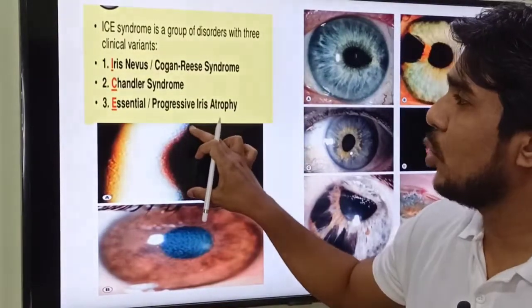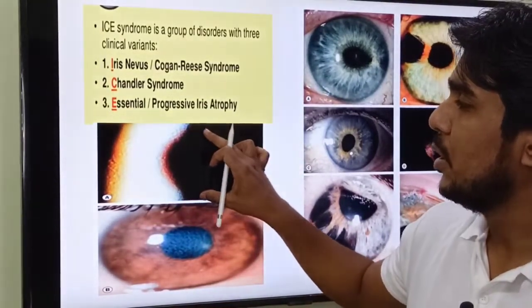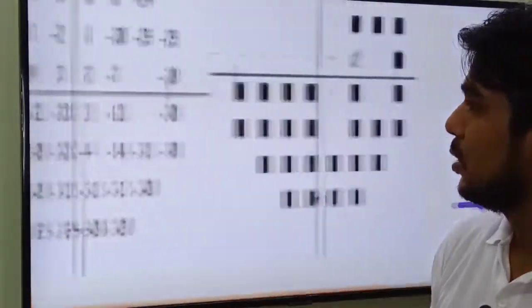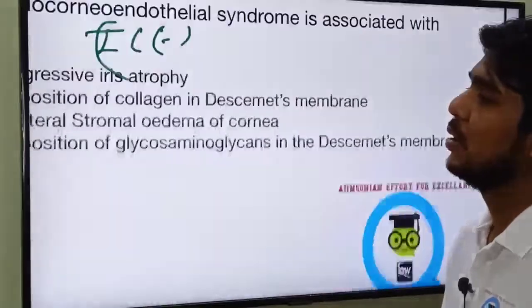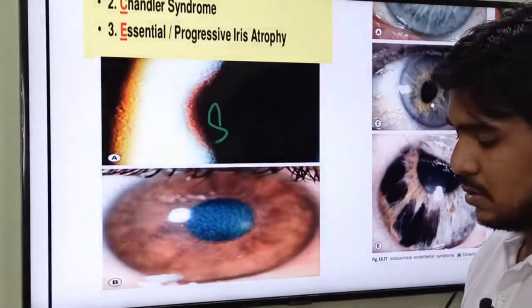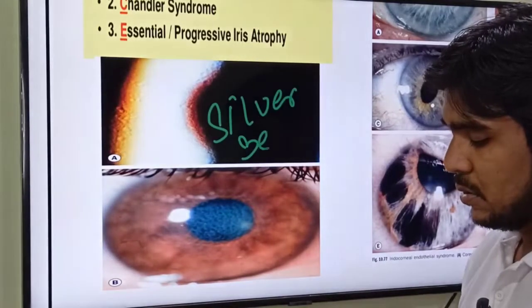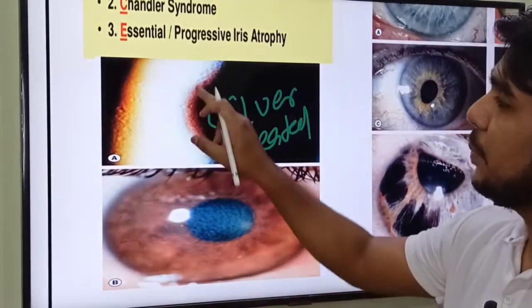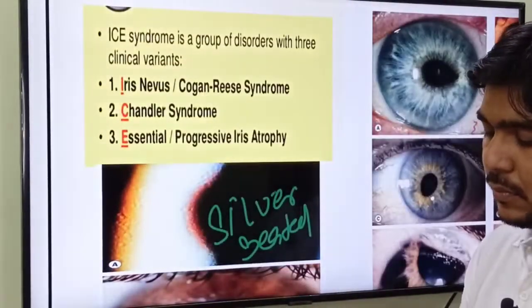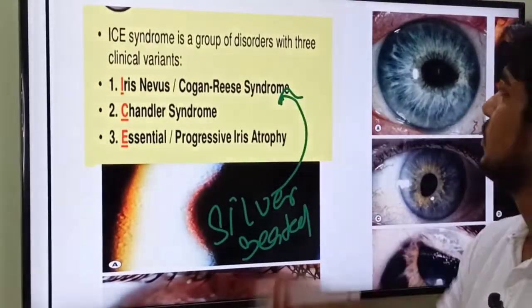What you see in Krukenberg syndrome is a silver beaten bronze appearance. Can you see this silver beaten appearance, dot-dot like this? This is seen in Krukenberg.